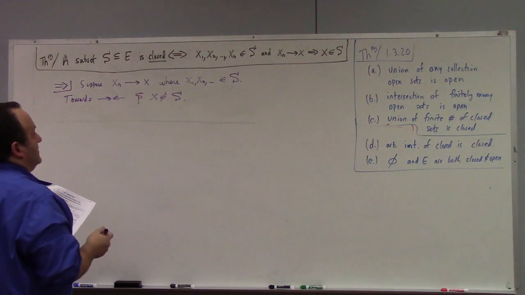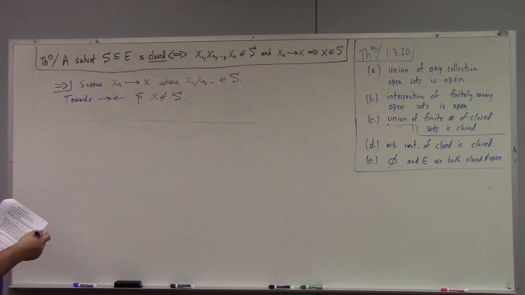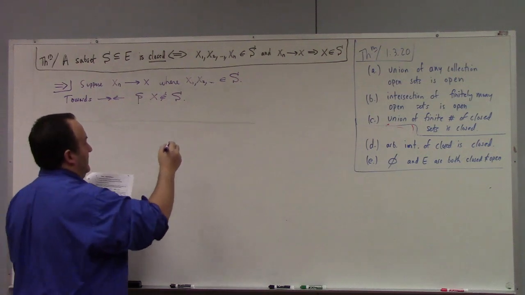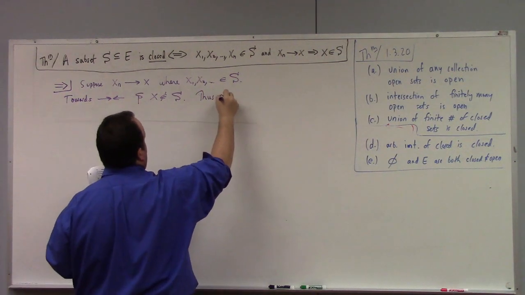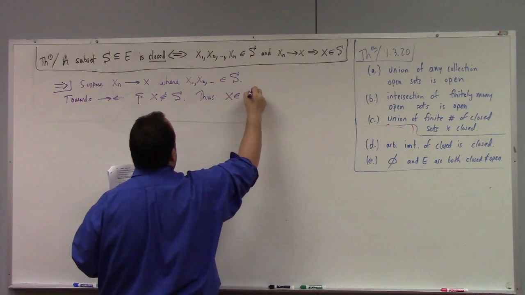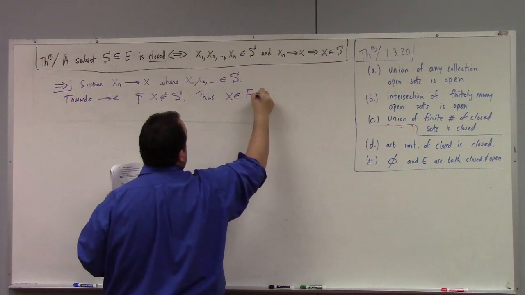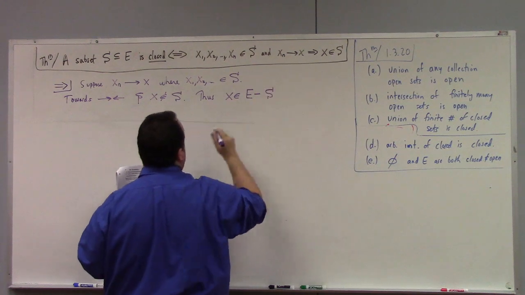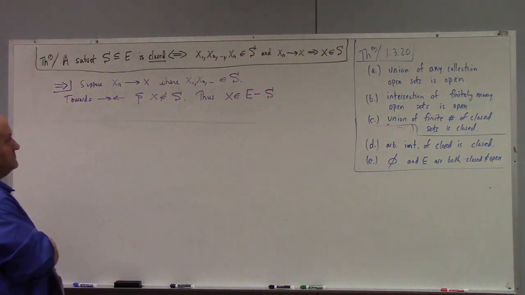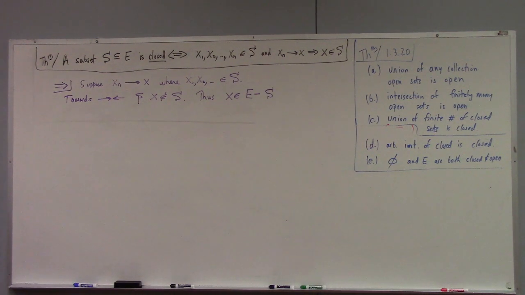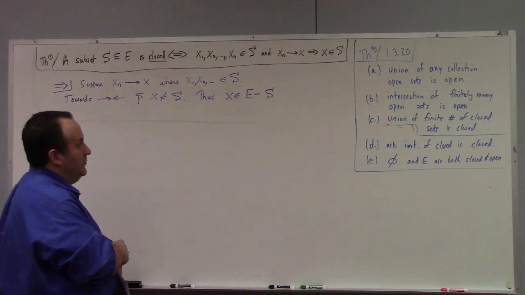So we're assuming S is closed, so thus x is an element of E minus S, right? So x is outside of S, and this is open.